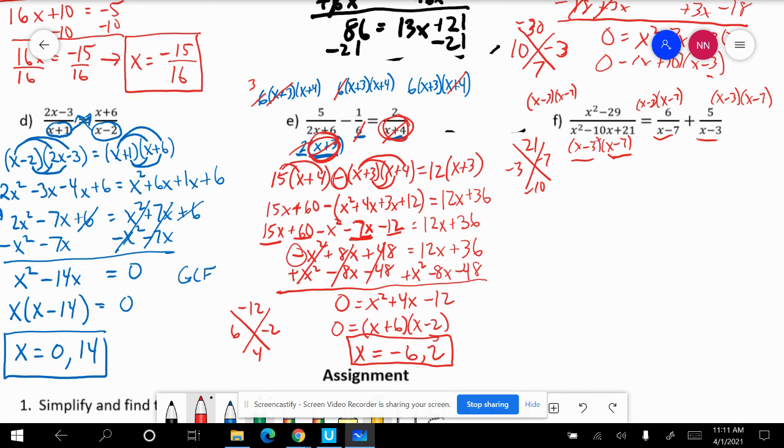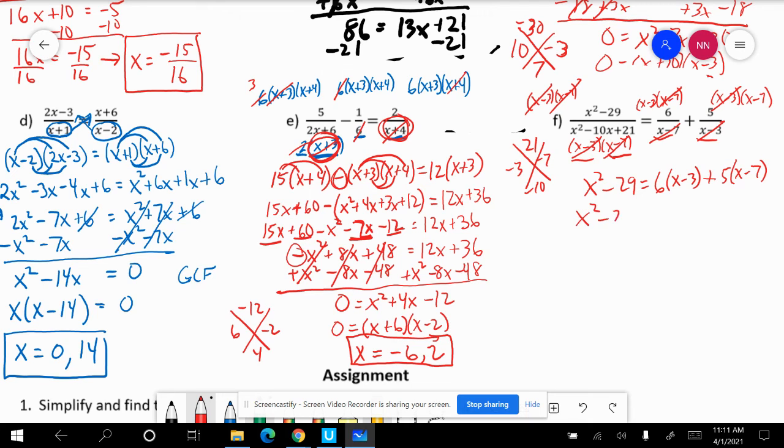So when I do that, the x minus 3's cancel, the x minus 7's cancel. So I'm left with an x squared minus 29. The x minus 7's cancel, so I'm left with a 6 and an x minus 3. And the x minus 3's cancel, so I'm left with a 5 and then an x minus 7.